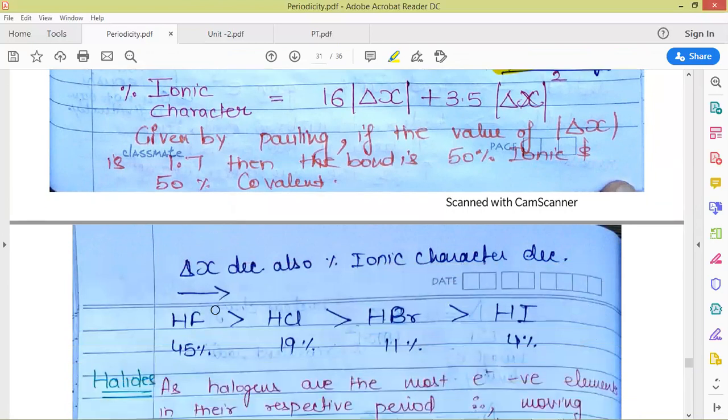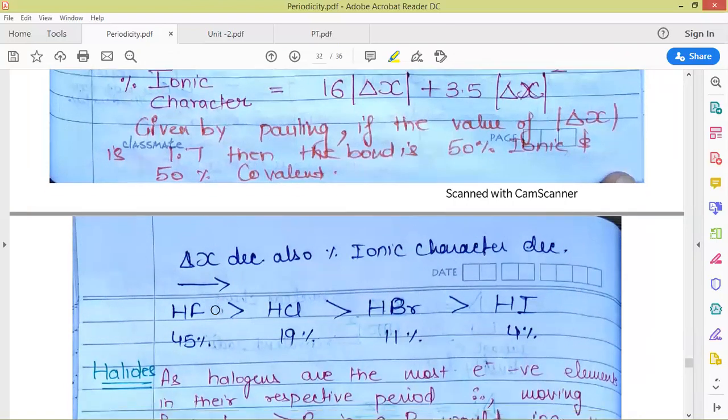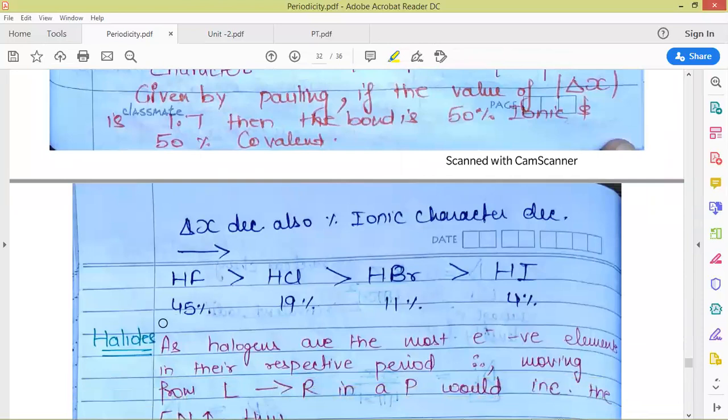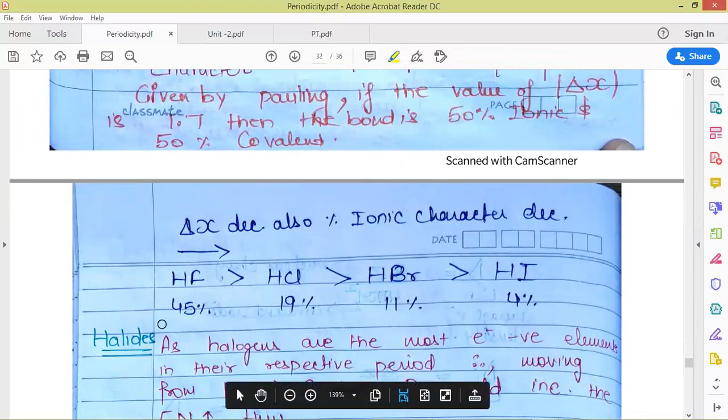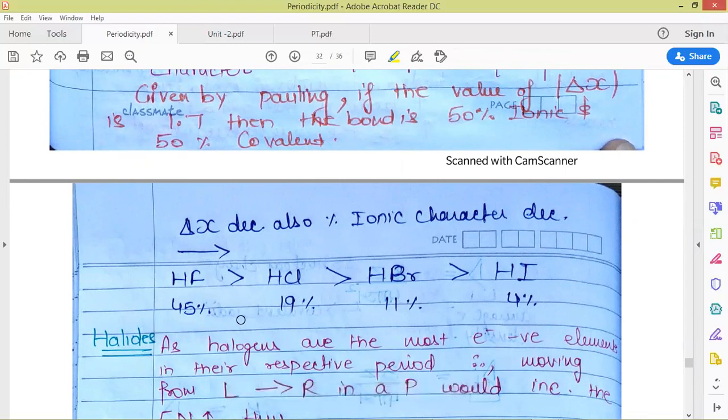Based upon this, we can predict about some bond that it is having more ionic character or more covalent character. Let us discuss the case of hydrides of halogens, that is, the hydrogen acids of halogens.